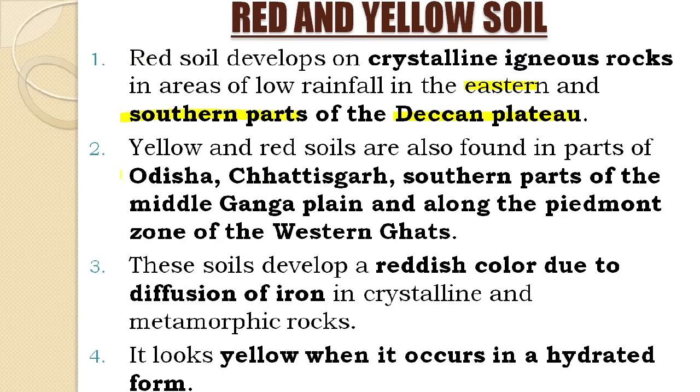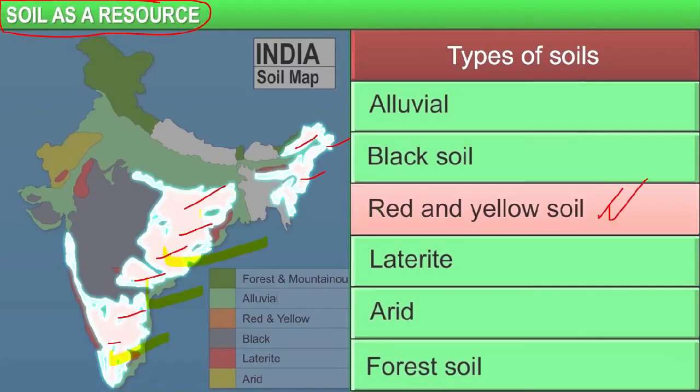Next we see yellow and red soils are also found in Odisha, Chhattisgarh, southern parts of the Middle Ganga Plain. Let us identify first of all Odisha. Here you can find Odisha, and next to Odisha is Chhattisgarh. Now if this is the Ganga Plain, then this is the South Middle Ganga Plain. Clear? It means the regions which are touching the Deccan Plateau.